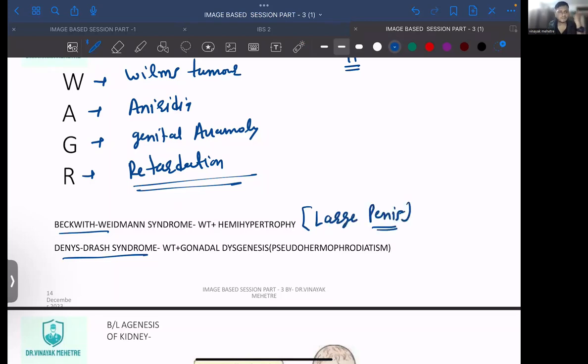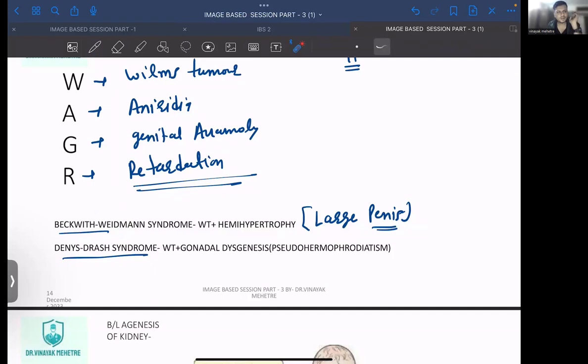Okay, hypertrophy of penis. If you are going to smoke weed, what happens? You are going to have sexual arousal, so size will increase. So weed will increase the size. That is called hemihypertrophy.